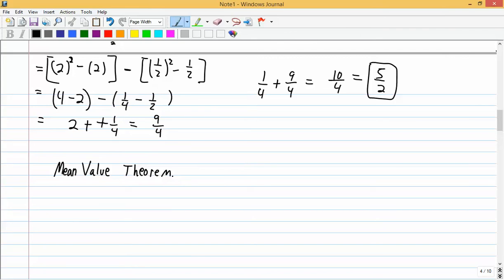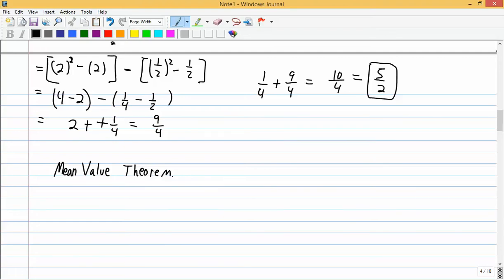But the mean value theorem for integrals says that somewhere between the two rectangles, one that goes above and one that goes below, there is a rectangle whose area is precisely equal to the area of the region under the curve.